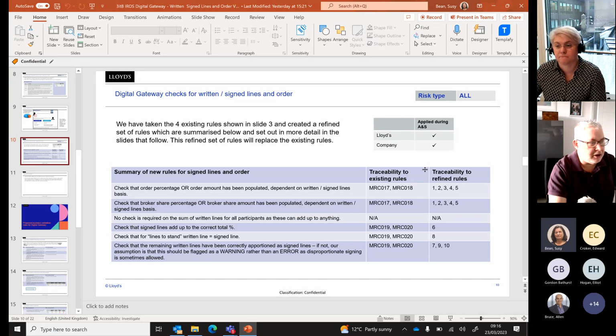I know checking of slip orders has been challenging, let's say, for about 40 years. It's always been a problem area in terms of bureau processing versus broker opinion on things and understanding of things. And it still is. I still get queries about it today.